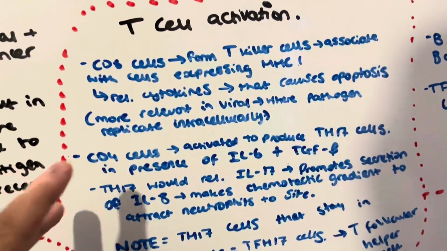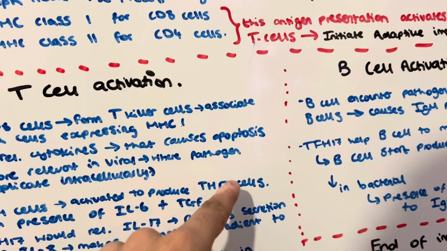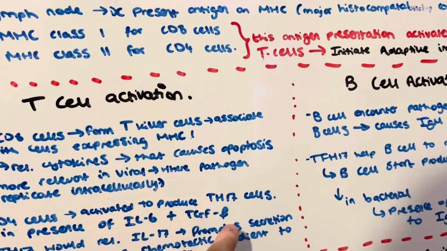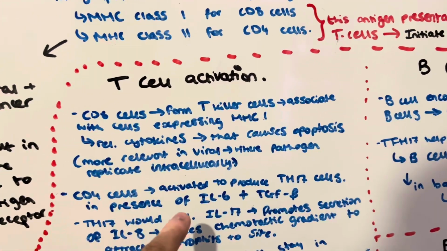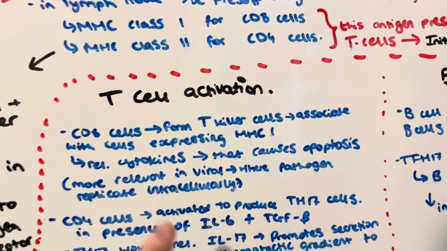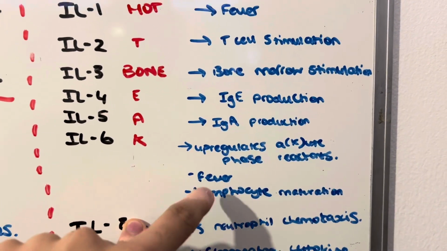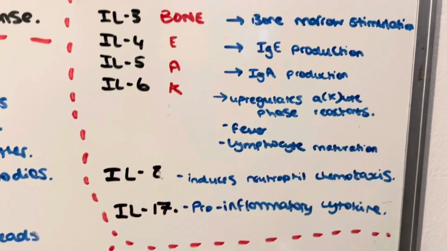Next, we've got our CD4 cells. CD4 cells are activated to produce Th17, that stands for T helper 17 cells, in the presence of interleukin 6. Like I mentioned before, interleukin 6 is also involved with our lymphocyte maturation, lymphocytes being our T and B cells.